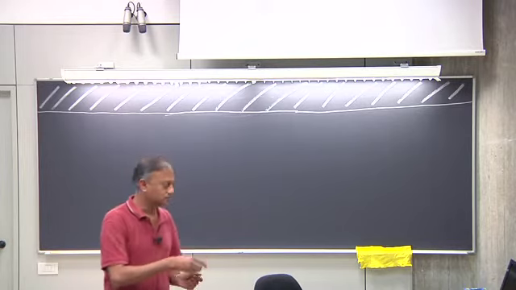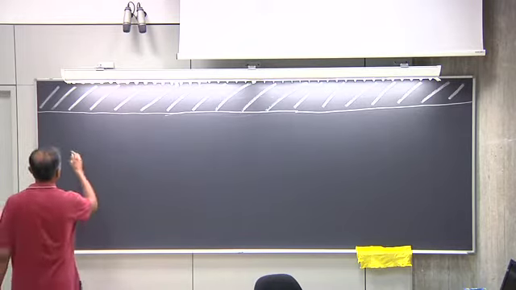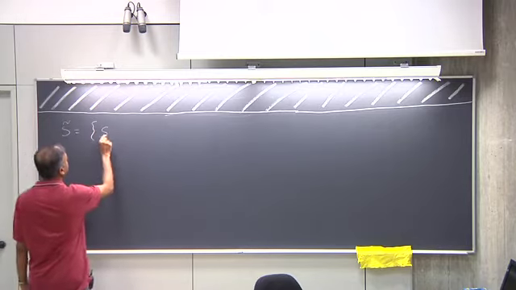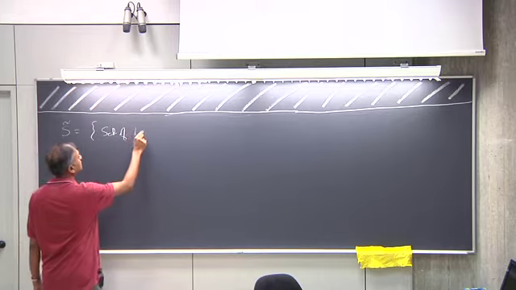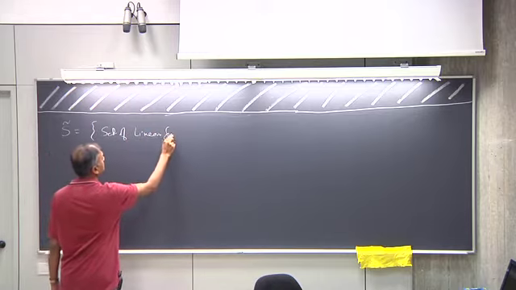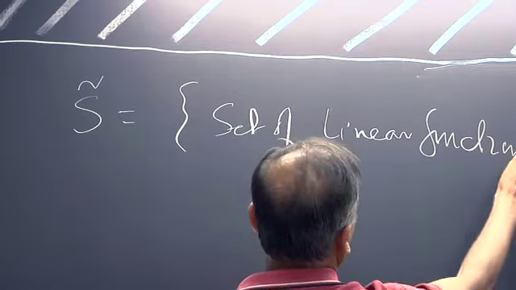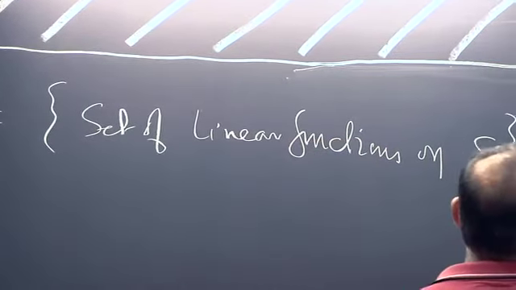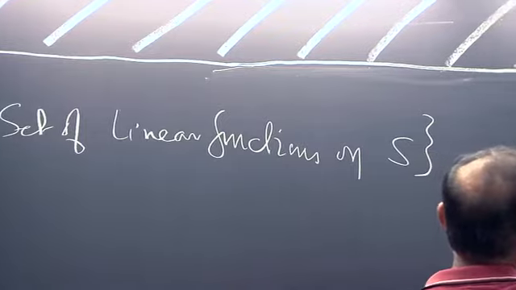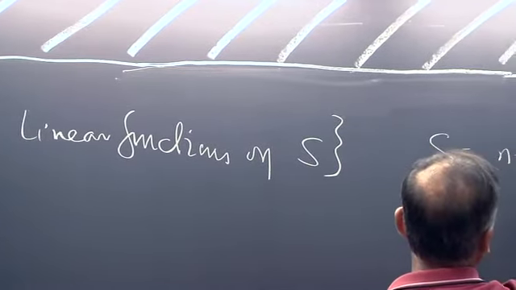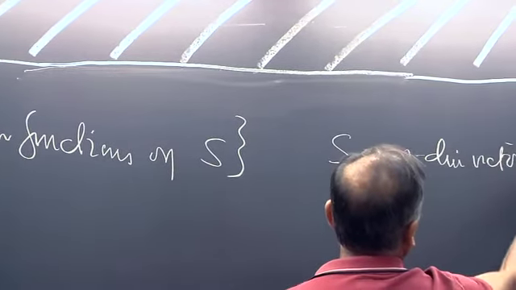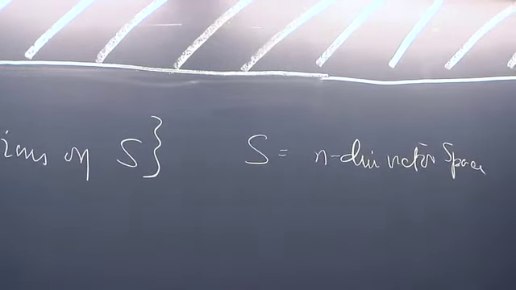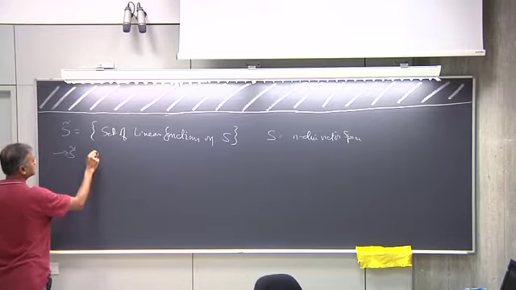Okay? So we have S tilde, which was the set of linear functions on S, where S is an n-dimensional vector space. Then the first thing we showed was S tilde is also n-dimensional.